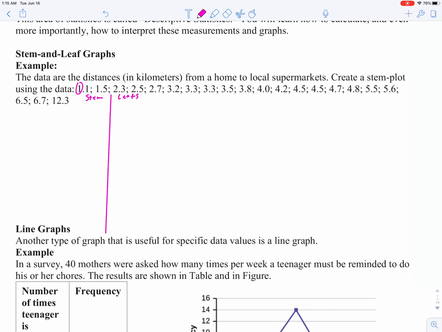Look at all the different stems, all the digits to the left of the decimal point. We have 1s, 2s, 3s, 4s, 5s, 6s, but then we have a little gap up until 12, right? Well, with a stem and leaf plot, you have to represent all the stems, even if there's no leaves that go with them.